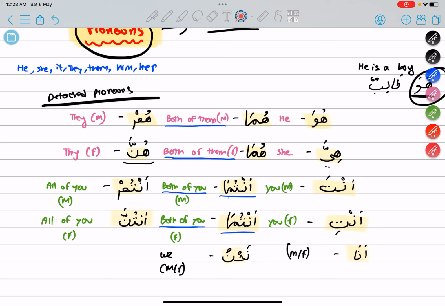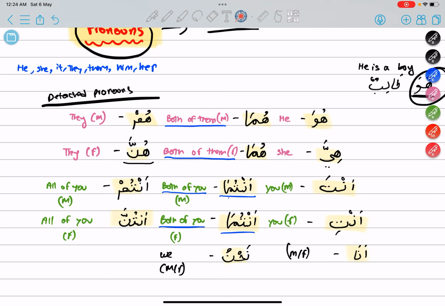Huwa means he. Huma means both of them, masculine. Hum means they, men. Hiya means she. Huma means both of them, feminine. Hunna means they, feminine. Anta means you, masculine. Antuma means both of you, masculine. Antum means all of you, masculine. Anti means you, feminine.